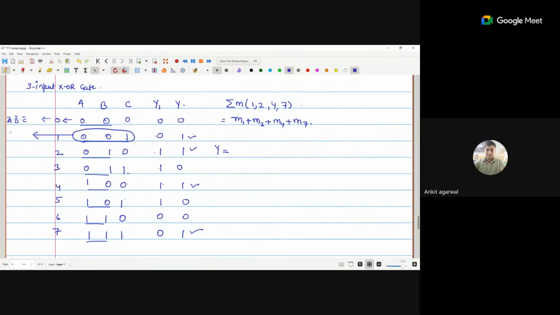First, second: A bar, B bar, C. Third: A bar, B, C bar.